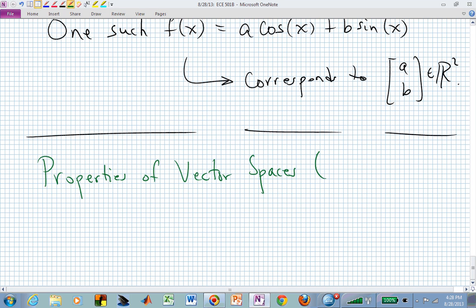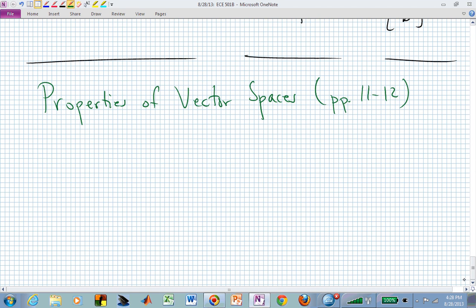I'm just going to write these down, but you can go back into your book and see them typeset more cleanly. These properties are a result of the defining properties of our vector spaces. We don't have to use these to define our vector space. These are resulting from our vector space.